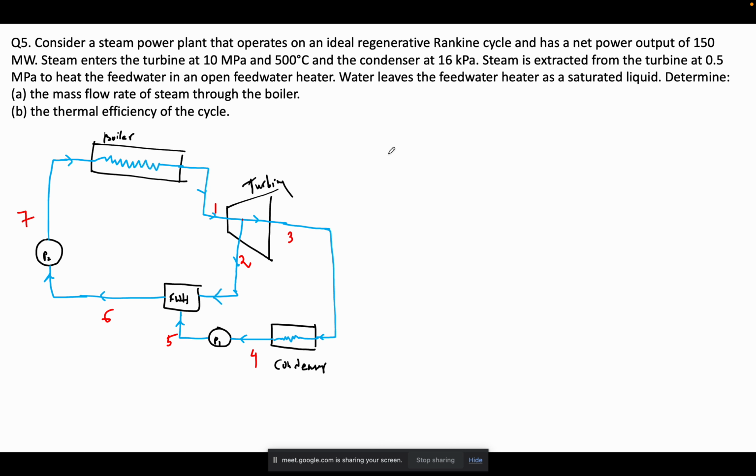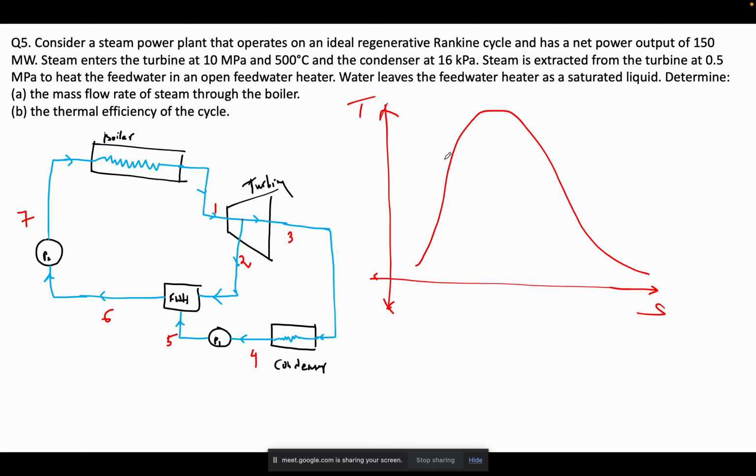Now if I have to draw this in a TS diagram, this is my state 1.